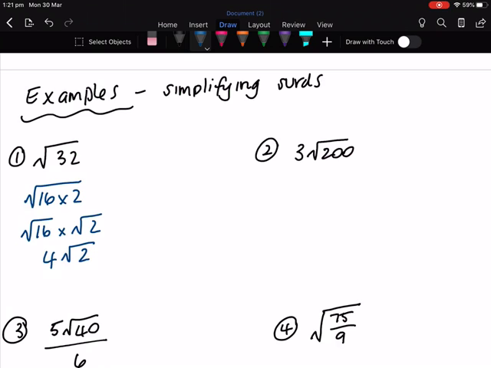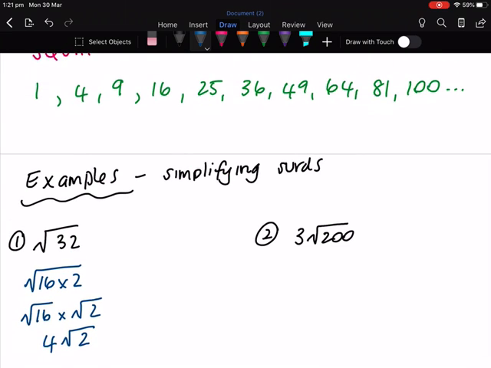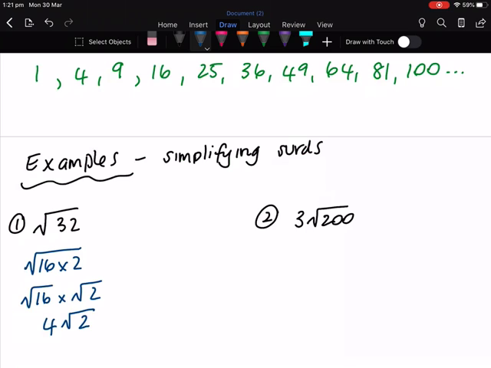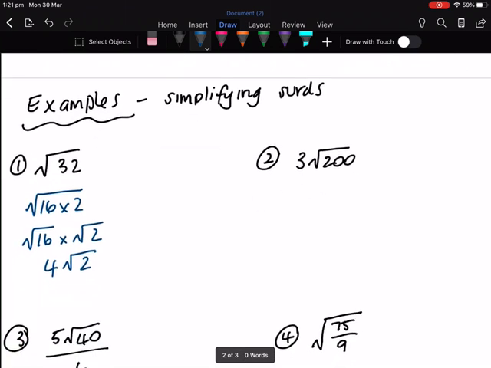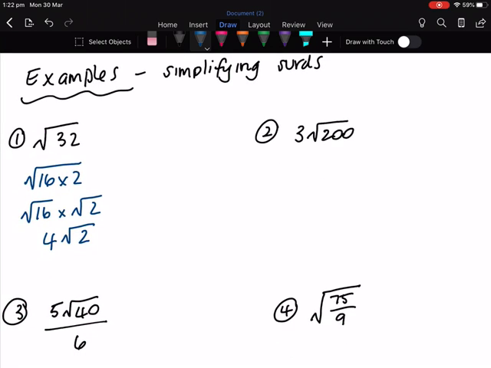All right, number 2, 3 times the square root of 200. So again, we're looking for square factors. It helps to have the square factors written down, and then you can keep looking at them. That'll help you a lot. So straight away I can see 100. 3 times 100 will work here.